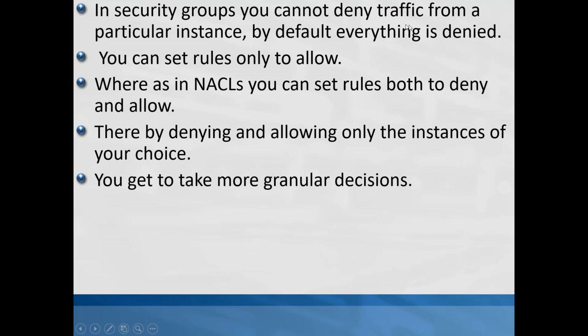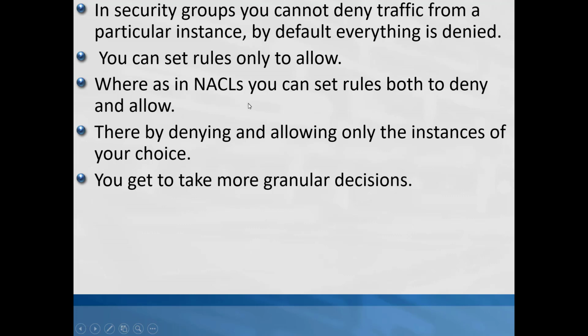In security groups, you cannot deny traffic from a particular instance. By default, everything is denied. So security groups lock everything as soon as you create a security group that attaches to a virtual machine or EC2 instance. So you can set rules only to allow. Whereas in NACLs, you can set rules both to deny and allow.